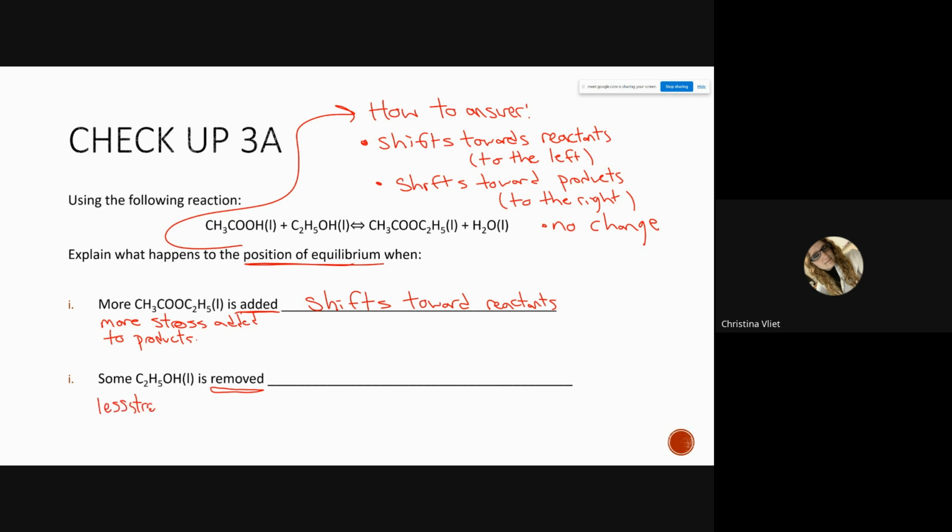So there's too little stress on the reactants now, which is also saying there's actually more stress on the products side. So what happens to the position of equilibrium? It moves toward the reactant. Correct. So if I take away something from the reactant side, if I have less of it, it'll actually shift towards that side, whatever I have less of, to restore balance.